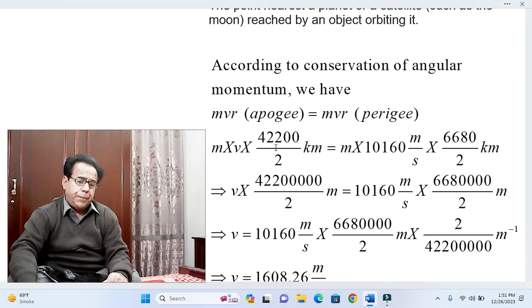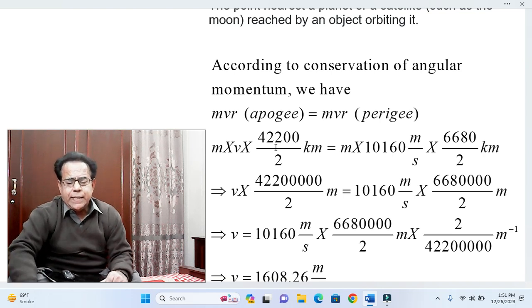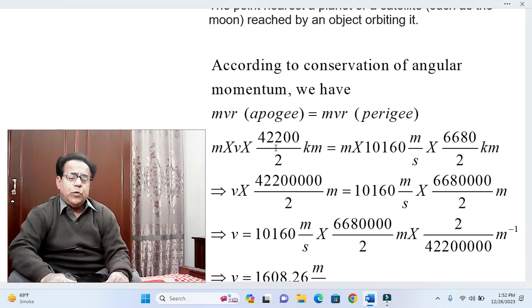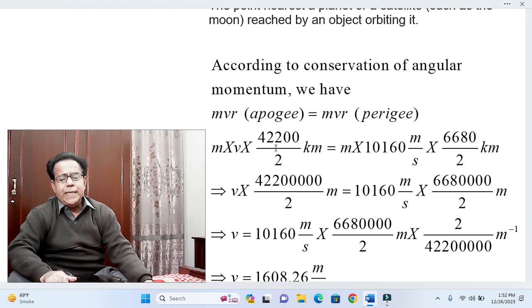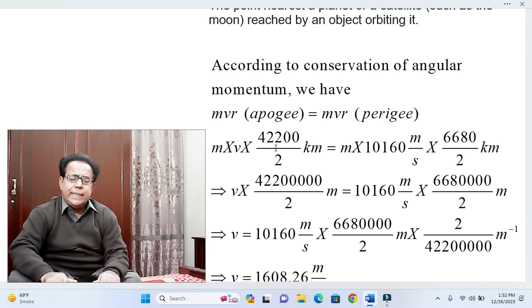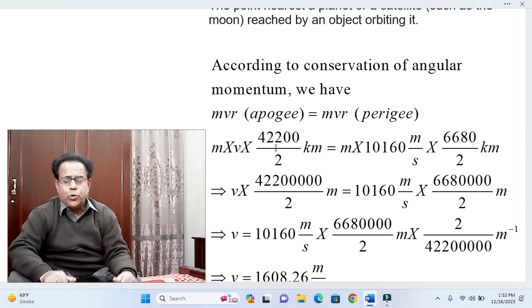Okay, now we go towards the parallel side with perigee. In case of perigee, again we have not put any value in place of m. Okay, so m will be cancelled on both sides. Next, here v for the perigee case is given as 10160 meter per second.